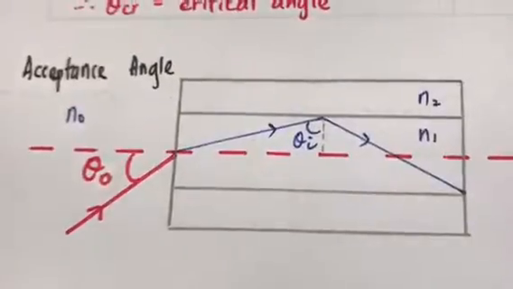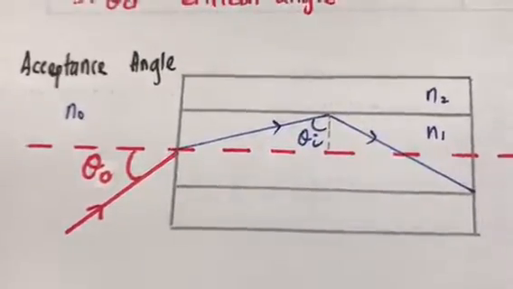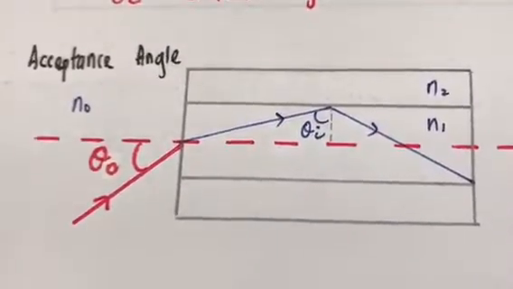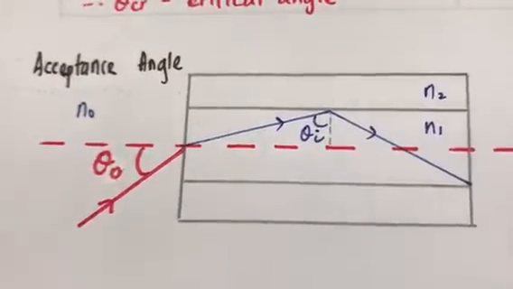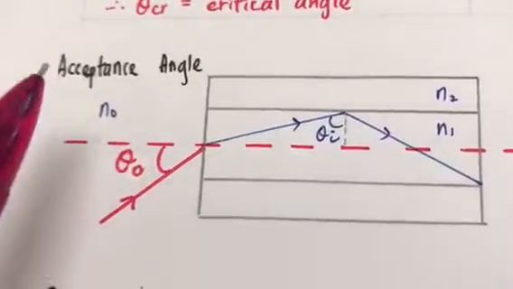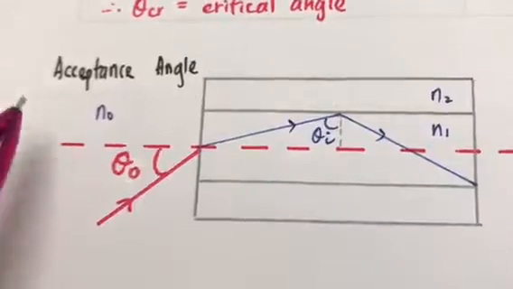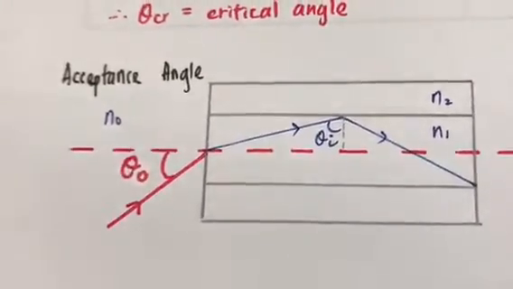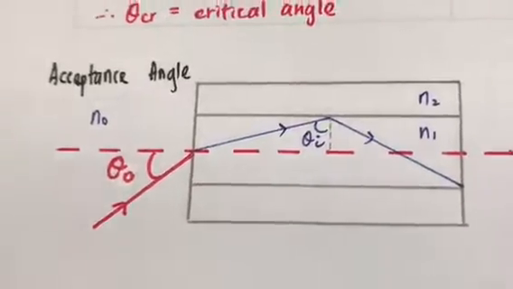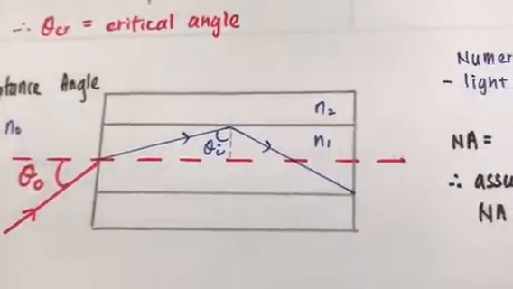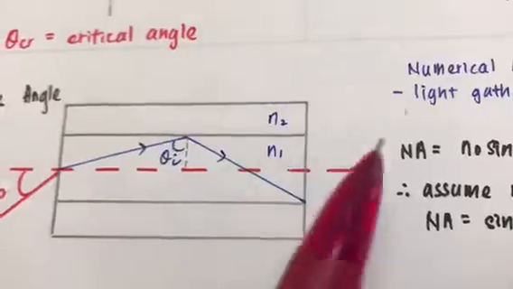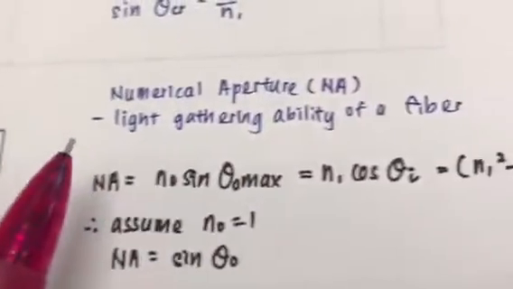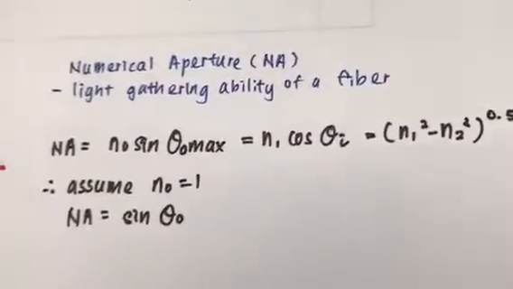Okay, so now we must know how much light can be captured by a core. First of all, we need to know about the acceptance angle. Acceptance angle is half of the angular aperture of a cone, virtually visualized at the fiber output. Next we have to know the numerical aperture, which is the light gathering ability of a fiber.